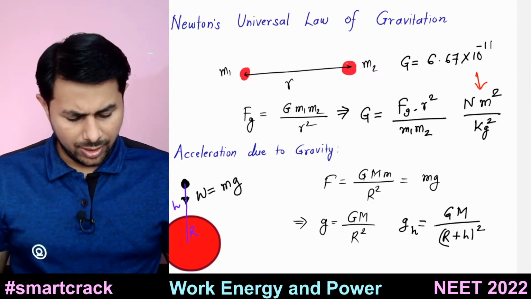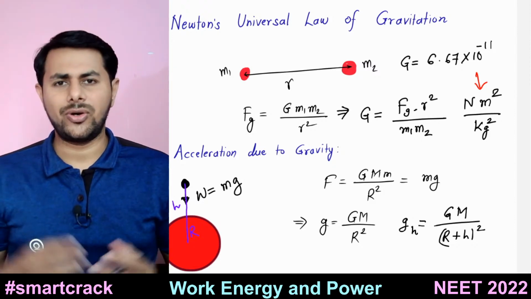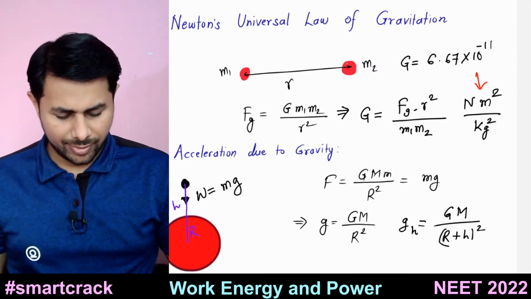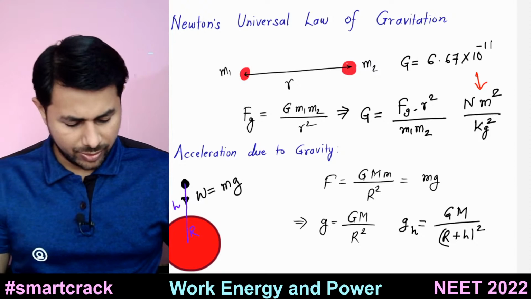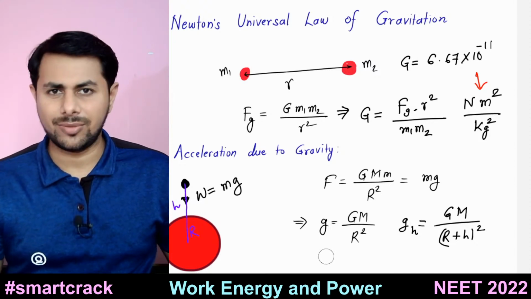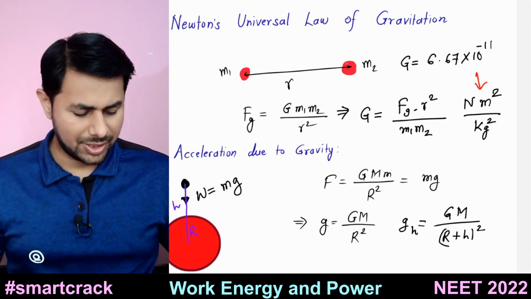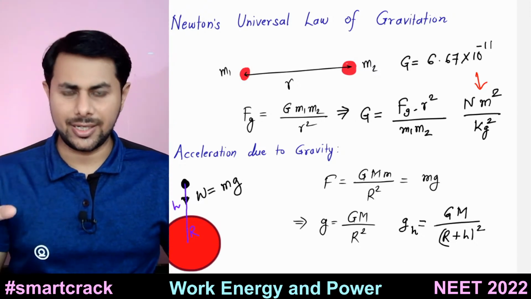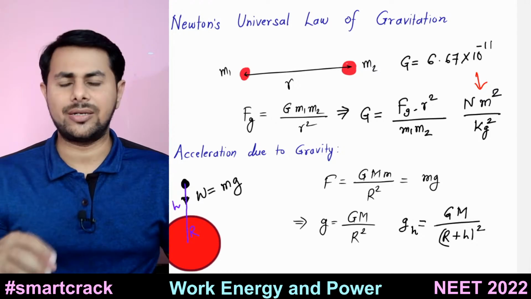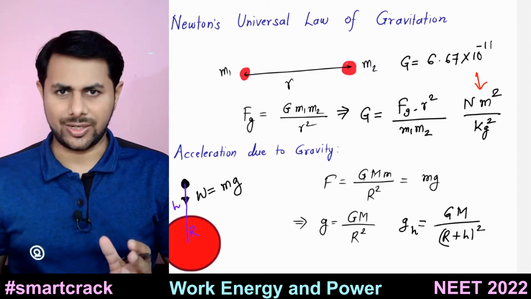So this is the formula for acceleration due to gravity. On earth's surface we have g equals GM over R square, and at some height h the formula changes to g at height h equals GM divided by (R plus h) square.